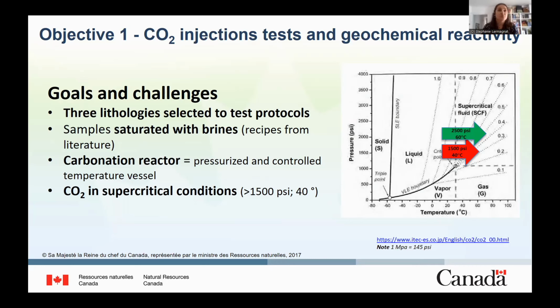We can control pressure and temperature, and we put the sample in a brine that is prepared to be in equilibrium with the sample we consider, and we do this experiment using CO2 in supercritical state. This is the first scenario we've tried, in red with the red arrow, where you can see we worked at 1,500 psi and 40 degrees Celsius.